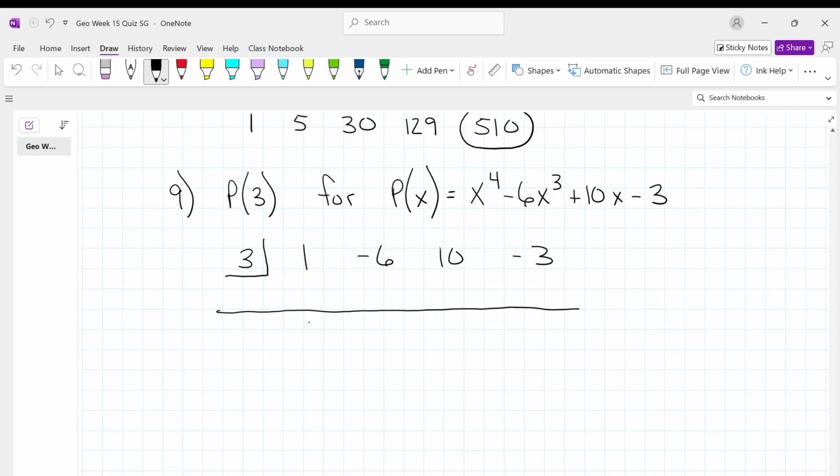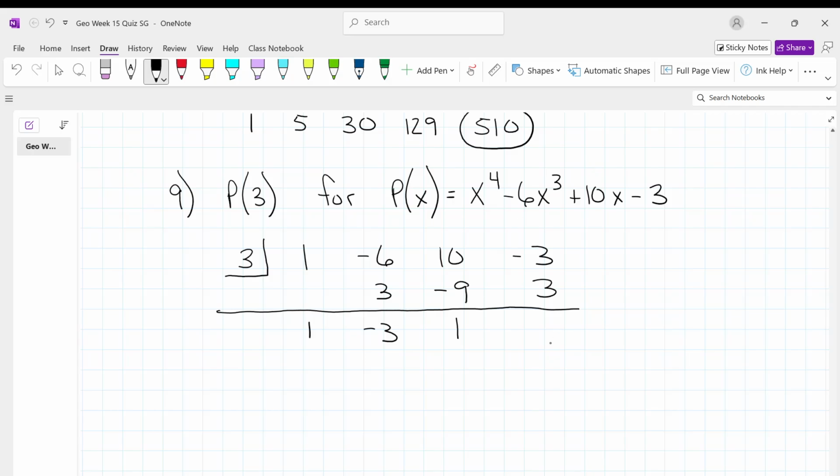All right, so we bring down the 1, and 3 times 1 is 3. Negative 6 plus 3 is negative 3. 3 times negative 3, negative 9. 10 plus negative 9 is 1. 3 times 1 is 3.